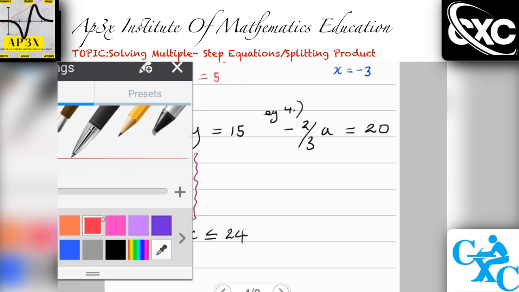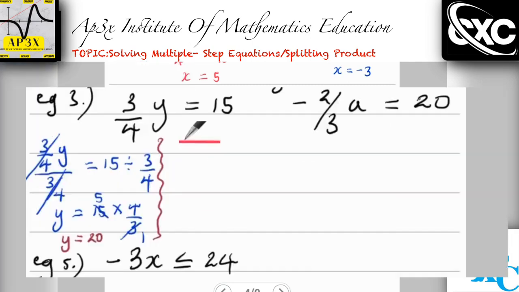So we're going to be looking at 3 over 4 y equals 15. So what we're going to do here is multiply both sides of the equation by the denominator.